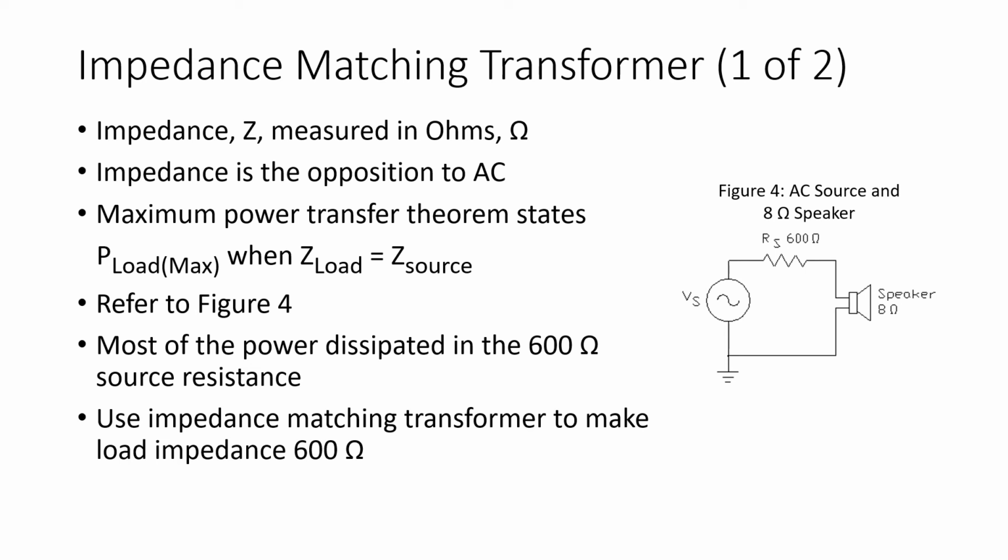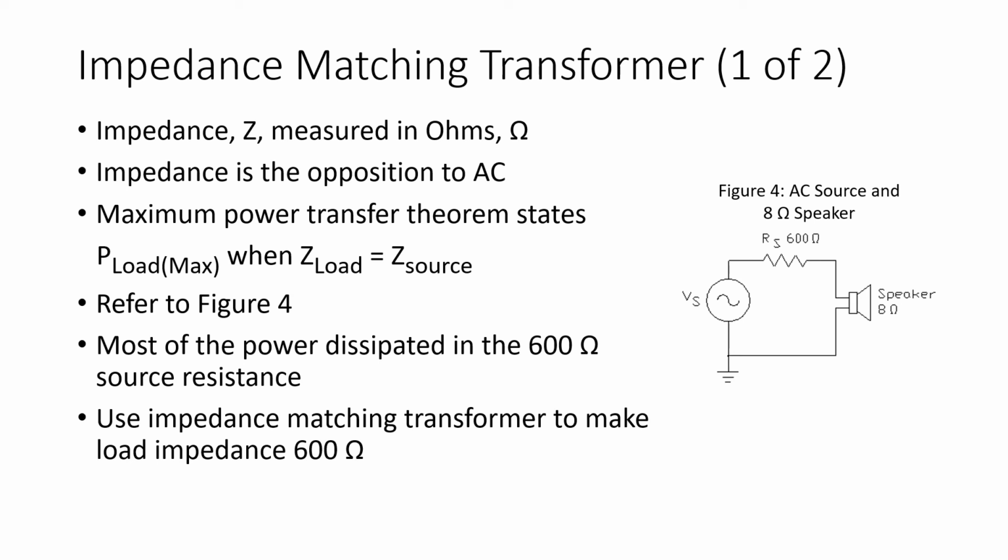So the solution is that we use an impedance matching transformer to make the 8 ohm speaker look like it's 600 ohms. Therefore, we will satisfy the maximum power transfer theorem, that maximum power is delivered to the load when the load impedance and the source impedance are equal.